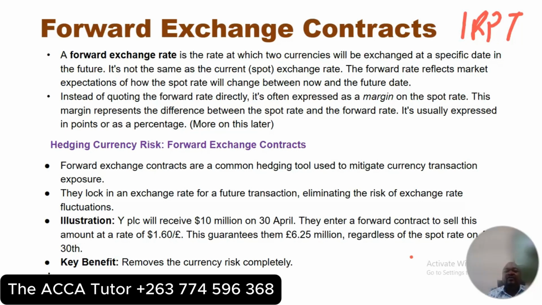All right, the forward rate reflects market expectations of how the spot rate will change between now and the future date. So instead of quoting the forward rate directly, it's often expressed as a margin on the spot rate. Right? This margin represents the difference between the spot rate and the forward rate. It's usually expressed in points or as a percentage.